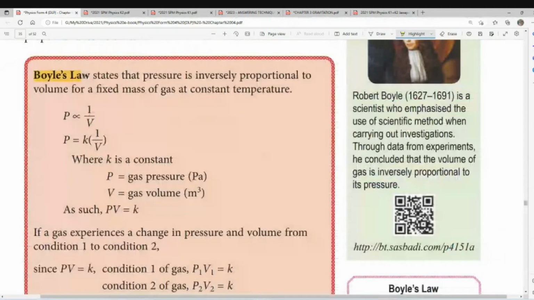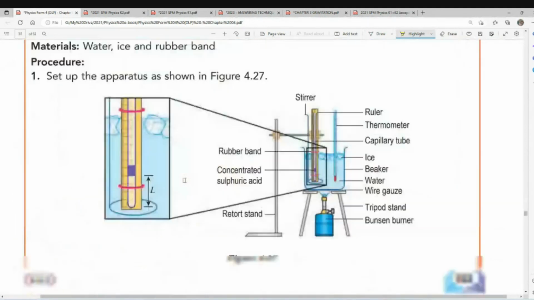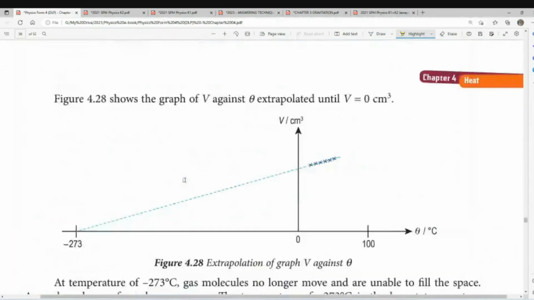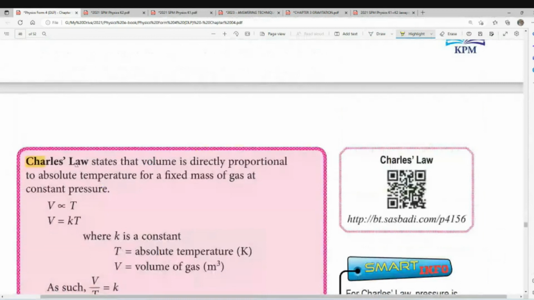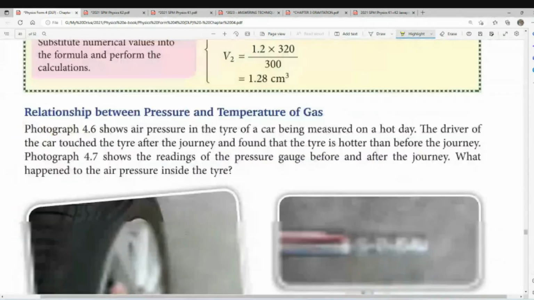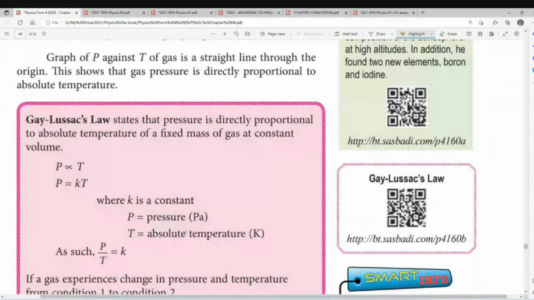Boyle's law, right? Make sure of the spelling. And next one, Charles's law, right? Charles's law. And the last one, Gay-Lussac's law. Please do not answer it as a gay law.